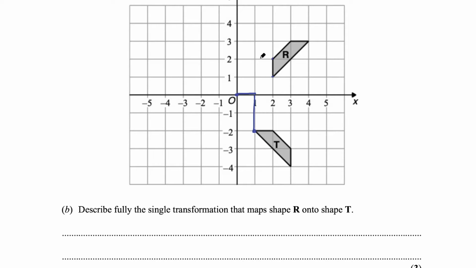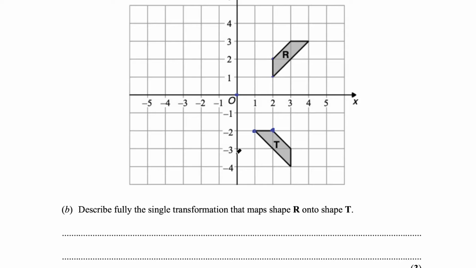For this point, I need to go 2 to the left and 2 down, and then if I rotate that around, I'd be going 2 to the right and 2 down, and I get to that point there. So I'm pretty confident now that I can say this is going to be 90 degrees because I'm turning these distances 90 degrees around the center to get to the new point on the new shape.